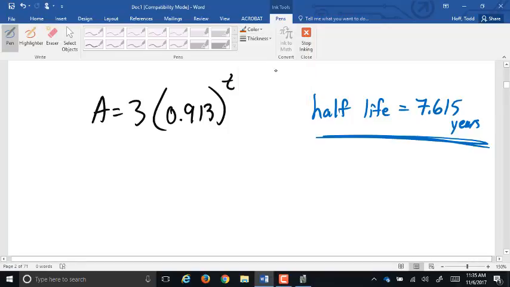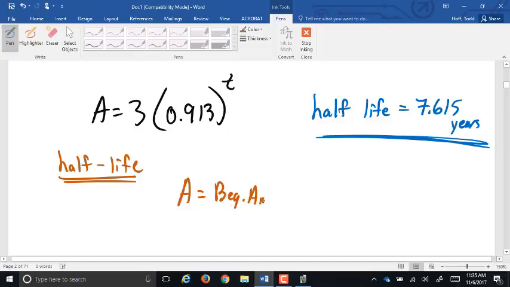You don't have to write this down because this isn't necessarily part of the problem here, but there's an equation for half-life where the amount of a substance is equal to that beginning amount times 1/2 to the power of the time divided by the half-life.